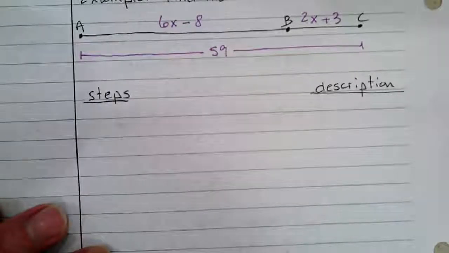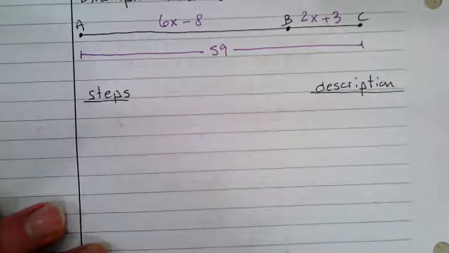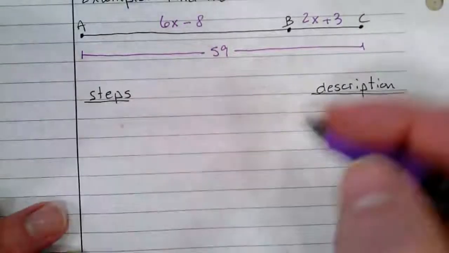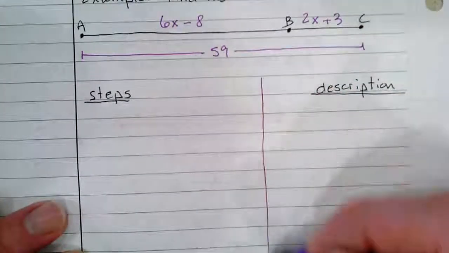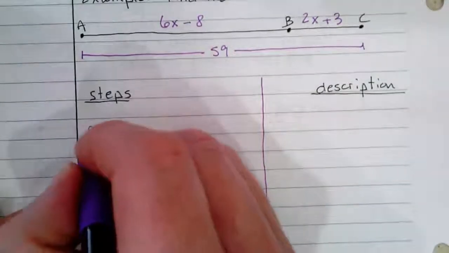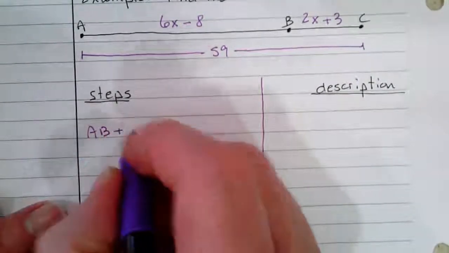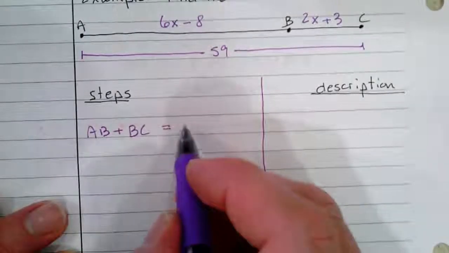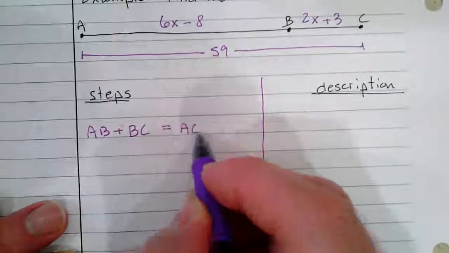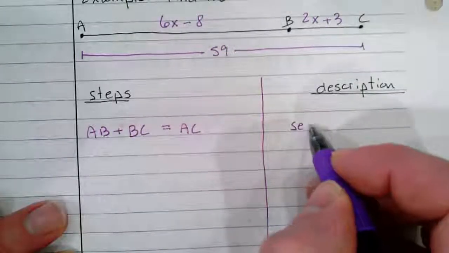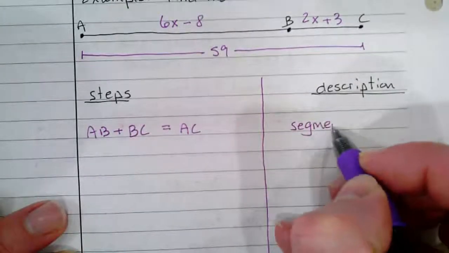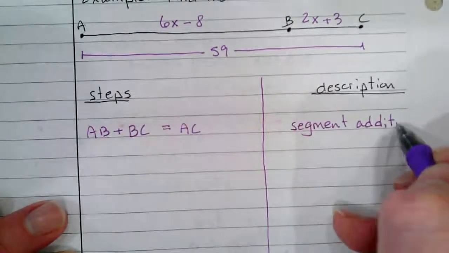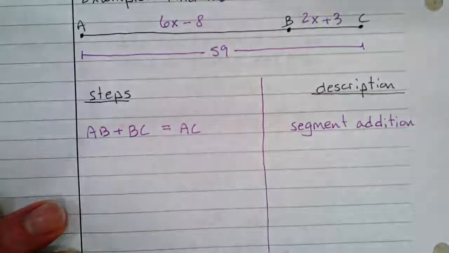So let's see. Our first step, of course, is AB plus BC equals AC, and that's just our segment addition equation there.